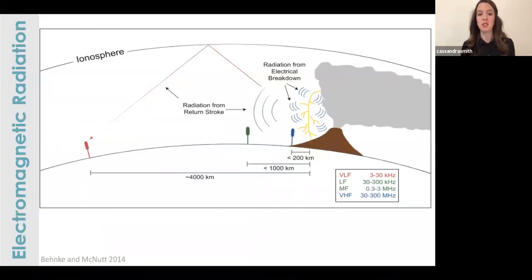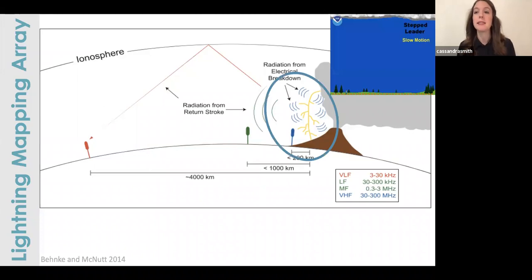So instead of using photography, we turn to the electromagnetic radiation that's actually emitted from lightning when it's generated. And this occurs across a wide range of frequencies, all the way from 3 kilohertz to 300 megahertz. And different portions of the lightning emit different radiation. So for example, that stepped leader that I showed at the beginning, that this GIF should hopefully be replaying for you, each one of those steps is releasing a burst of very high frequency radiation.